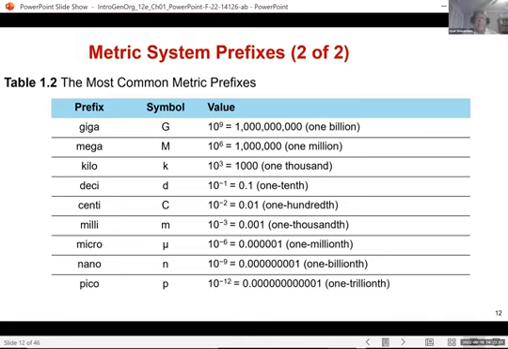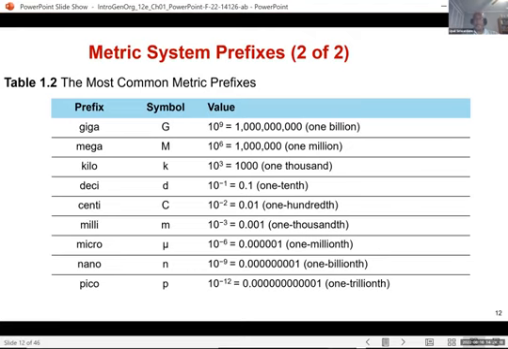Did you see, kilometer is 10 to the 3? That means 1,000. 1 kilometer is 1,000 meters. How many of you are athletes here? What is 1 mile in kilometers?